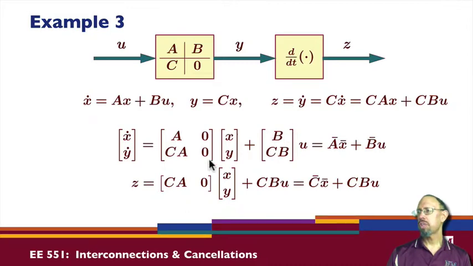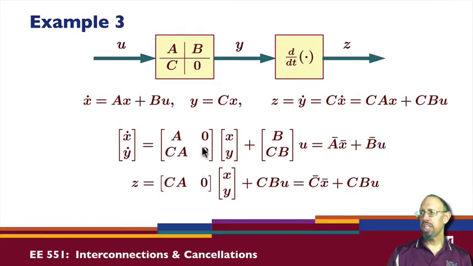This is my new B matrix. And now my new C matrix is the output here. So Z is equal to CAX plus CBU. So this is our new overall state model.